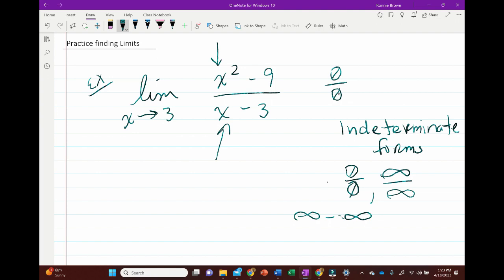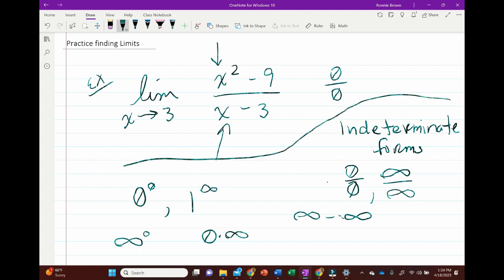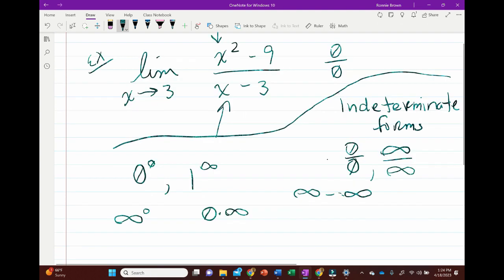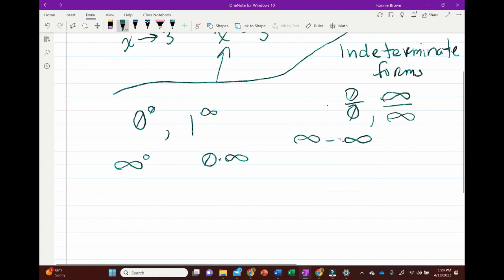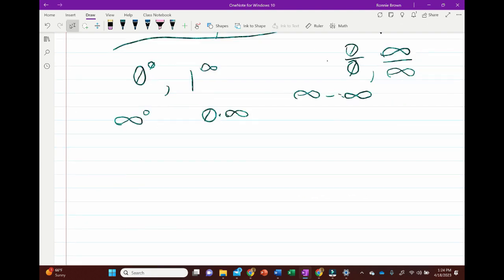There may be 0 to the 0 power, 1 raised to the infinity, infinity to the 0, and 0 times infinity, right? So these are the indeterminate forms that we would want to be aware of. And when we come across them, we'll say, okay, we can't do direct substitution then.